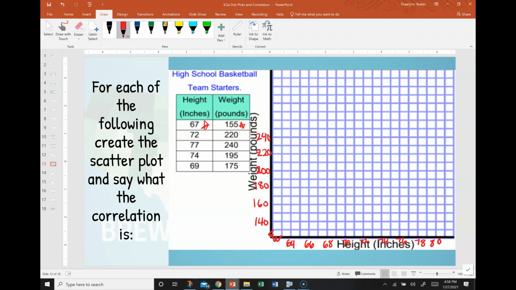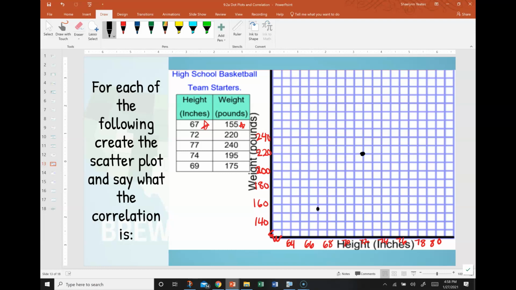Okay, so let's see what happens. I'm going to go ahead and plot these. So at 67 inches, they're at 155 pounds. So they don't weigh very much. So there's 140, 155 would be about right there. Okay, then at 72 inches, somebody was 220 pounds. It's there.